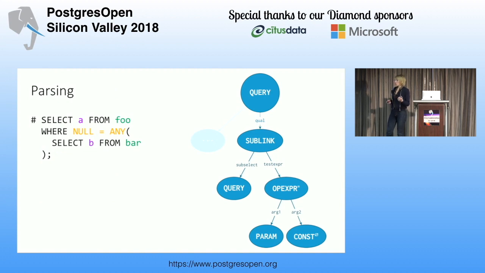To do this, we're going to go back to the query optimization basics that we talked about earlier and revisit parsing, preprocessing, and planning. When we parse this query, we get a query tree that looks a little bit like this. I maintain that the where clause is the important part, so I've omitted the target list and range table and all of that. The dotted line means it's not exactly a one-to-one mapping with the exact structs and members.